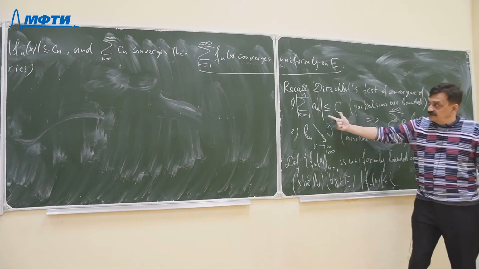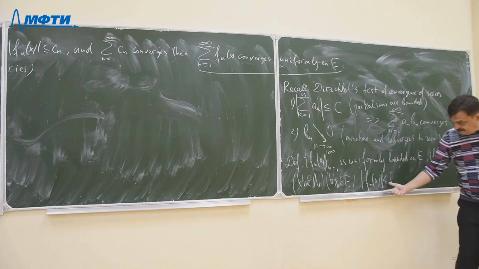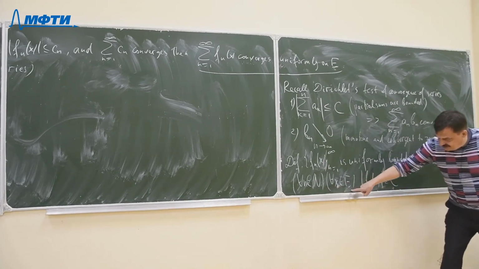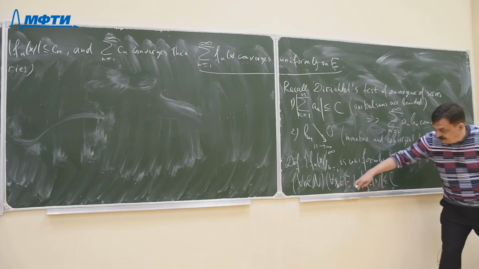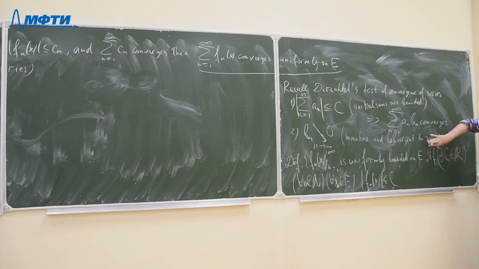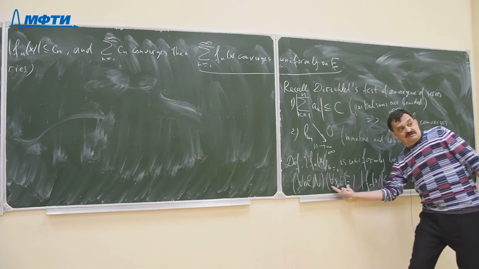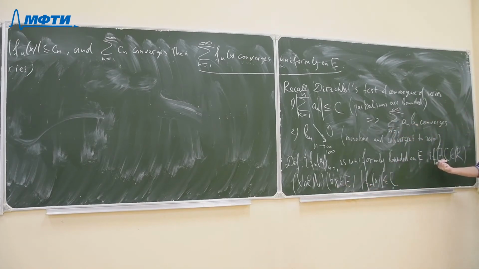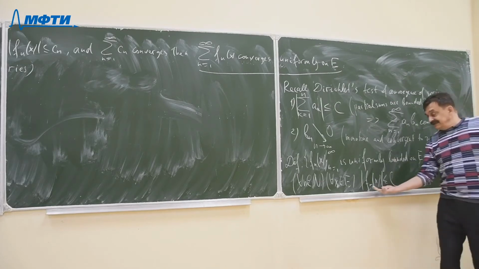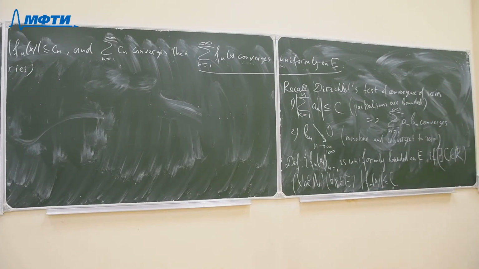There exists a constant such that for all n you have the inequality. So if you change the position of the quantifier for arbitrary x, if you put it before, what does it mean? It means that the sequence fn(x) is bounded for arbitrary x, right?